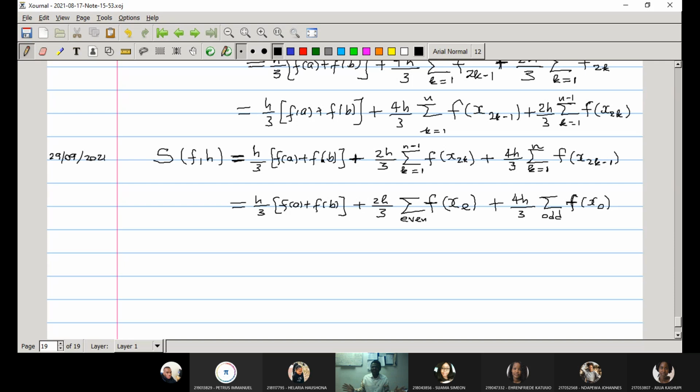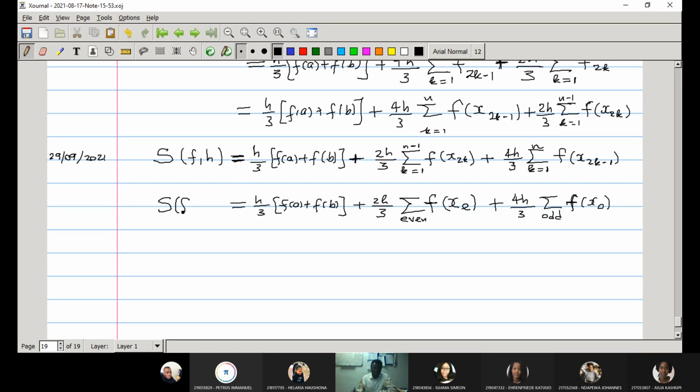It's much easier to use this one, because to remember all those limits, you can still do that, but it's easier if you just say we'll be summing over the even subscripts and the odd subscripts. Then you will not care about the limits, because if you already extracted f of a and f of b, the remaining terms will arrange themselves.